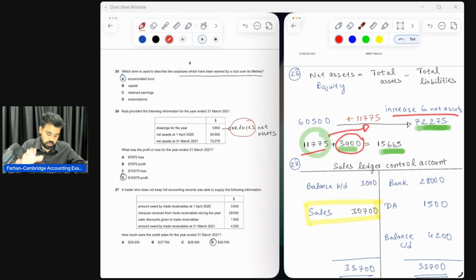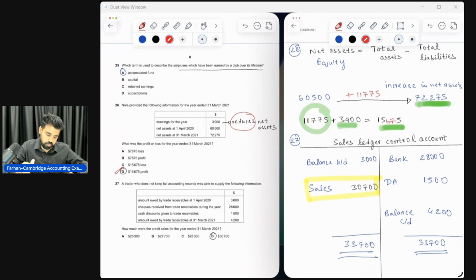Okay, so we have got a profit of 15,675, which is option D for number 26. Okay, let me just fix this quickly.